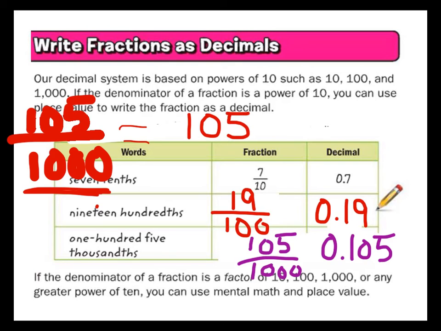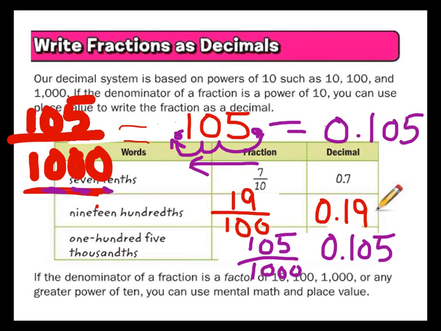Now the decimal would be right here for 105. But notice, since this is dividing, we're going to move the decimal to the left by however many zeros there are. 1, 2, 3 zeros. So we'd move it 1, 2, 3 times right here. And our final answer would be 0.105.